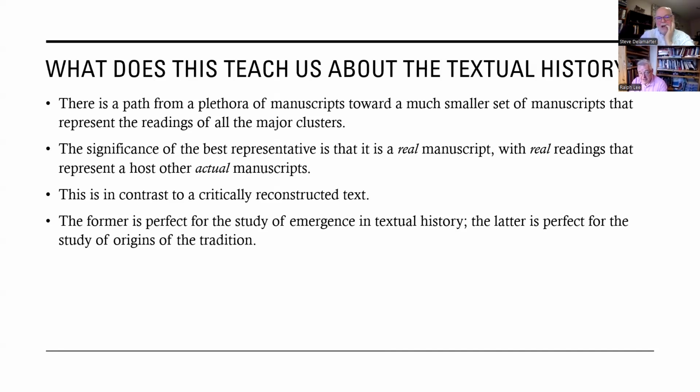So the best representative concept is ideal for this sort of work that we're doing, where we're studying the emergence of the text in the textual history, and the latter is perfect for the study of origins of the tradition. This is a final thing we'll emphasize at the end here.